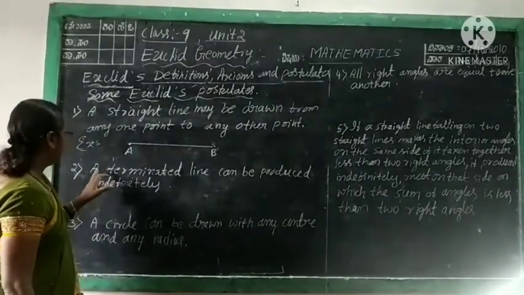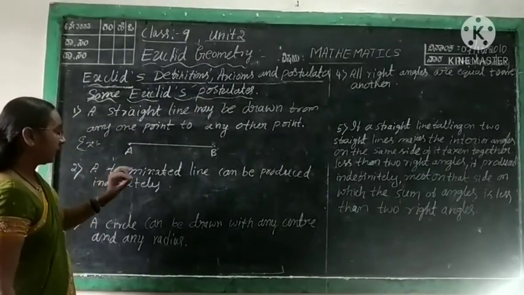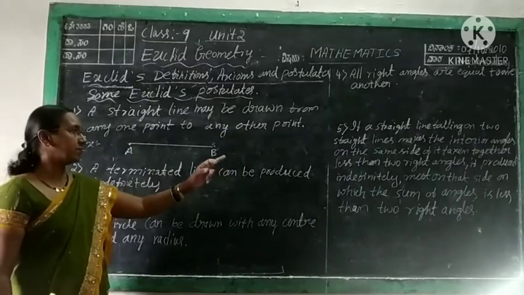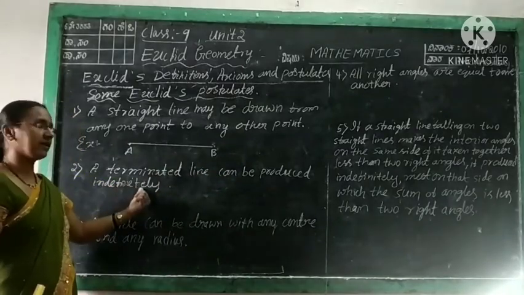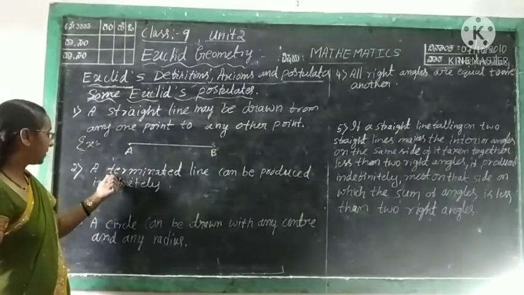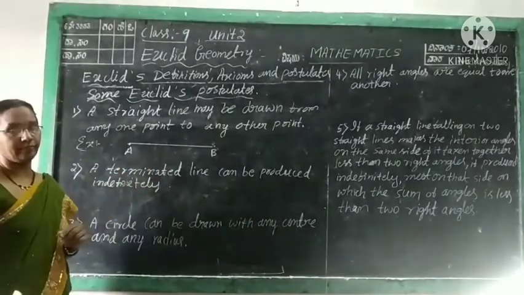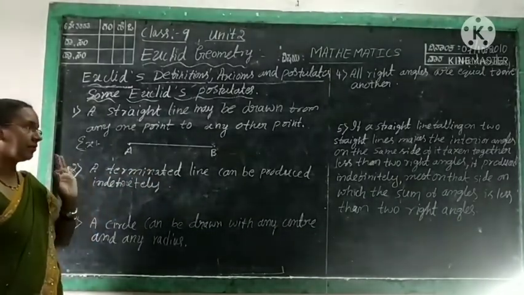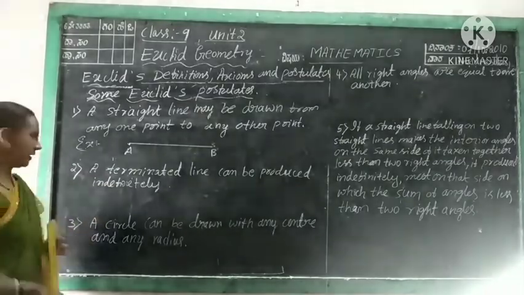Then the second one is, a terminated line can be produced infinitely. Once again, a terminated line can be produced infinitely.